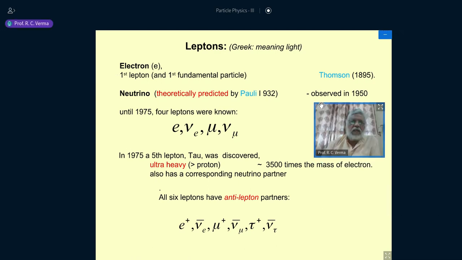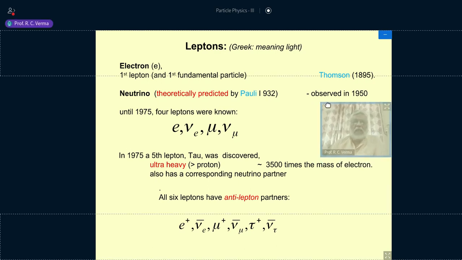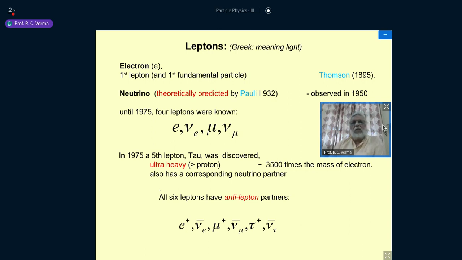So with this, we come to the first family, that is the family of leptons. This is a Greek name just meaning light, even though this meaning is now useless. So we stuck with the word lepton and we define it differently. Today we define leptons as those particles which do not participate in strong interactions.